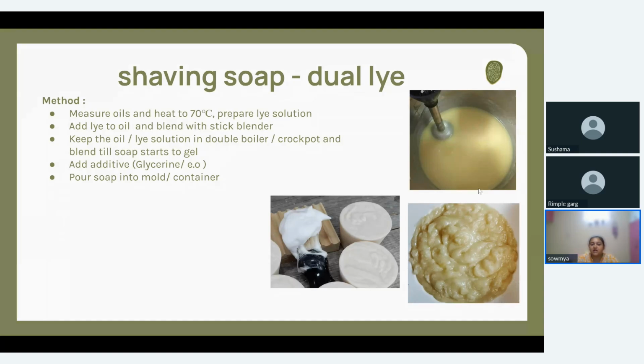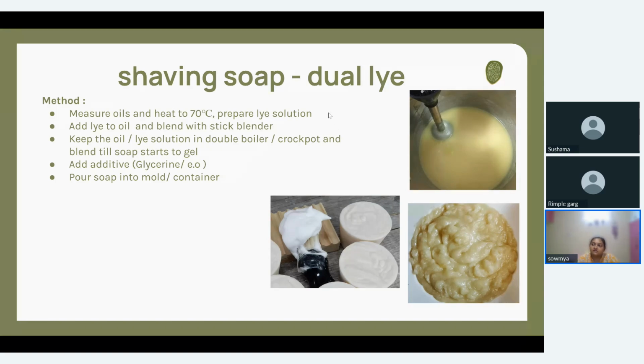Now we will see how to make the shaving soap. That is the first soap that we are going to make on Thursday. Here we are going to use dual lye only. We will heat our oils in a double boiler to 70 degrees Celsius and prepare the lye solution.